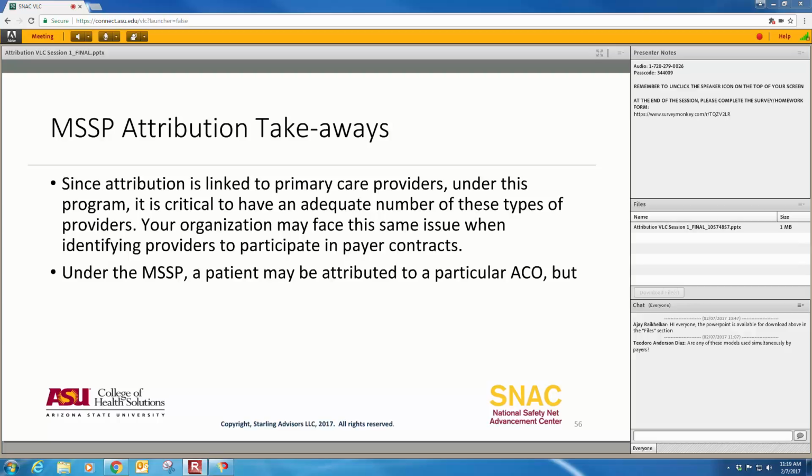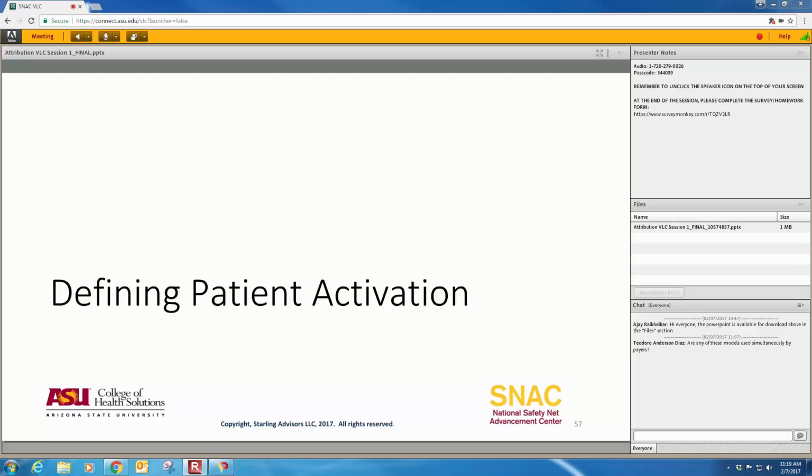What we have found is that many safety net organizations need to partner or work together to operate under these types of programs. It's not essentially possible to enter into some of these programs without partnering with other organizations. Some of us are just frankly too small.